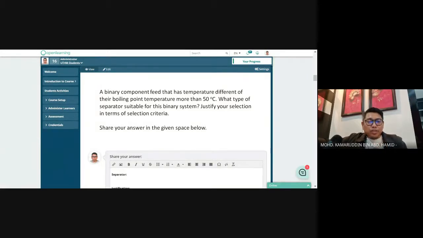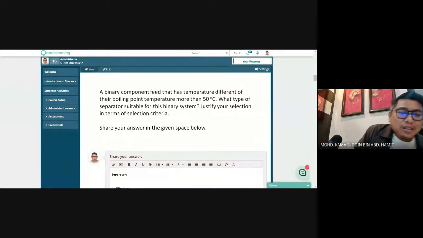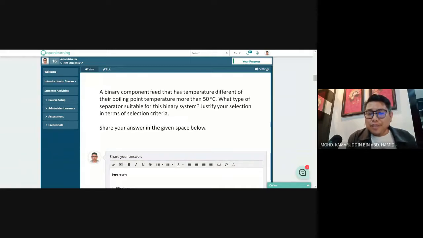That's why you need to justify, because you did not state which phase. One more thing is that the delta T is very big.